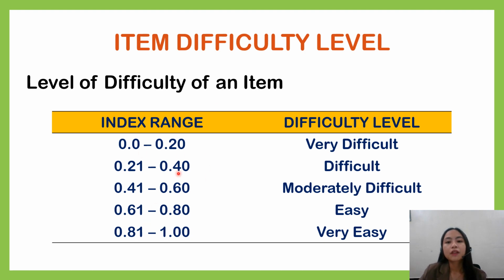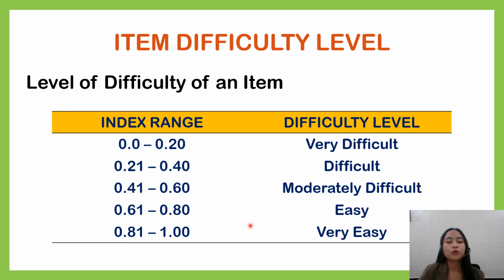So, kapag yung quotient na nakuha ninyo is 0 to 0.20, na belong sa range na to, that item is very difficult. 0.21 to 0.40, the item is difficult. 0.41 to 0.60, the item is moderately difficult. 0.61 to 0.80, the item is easy.